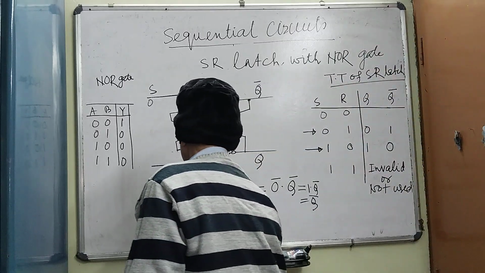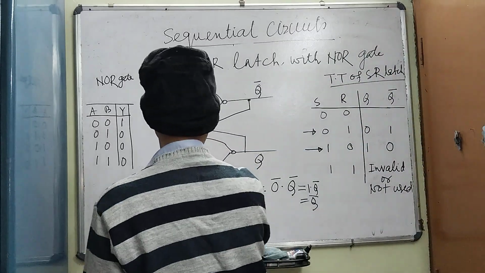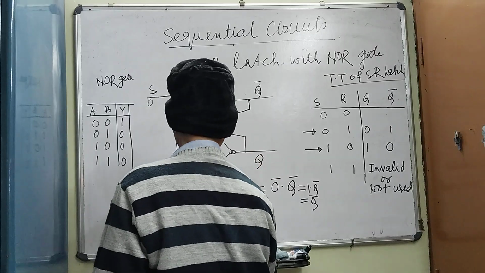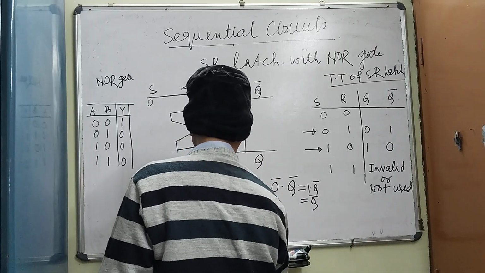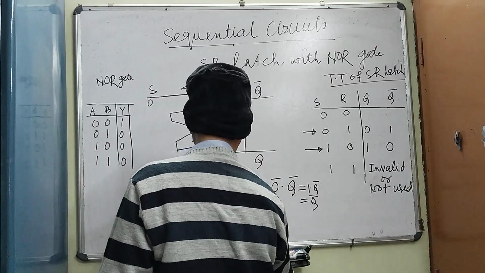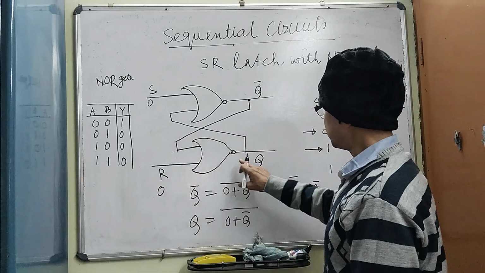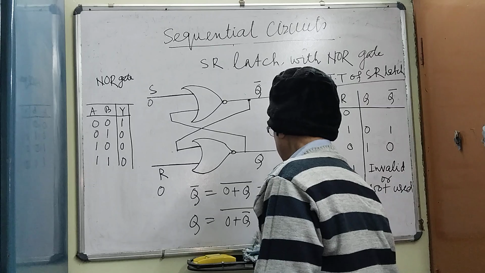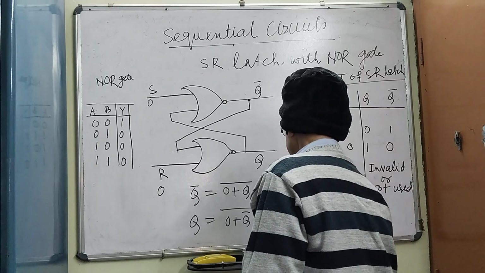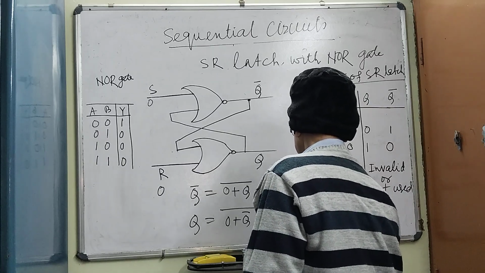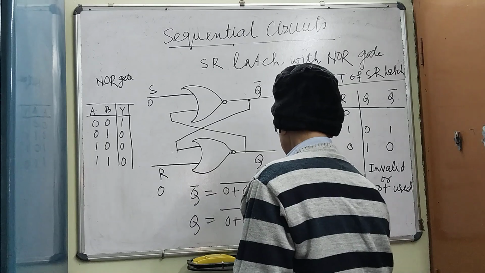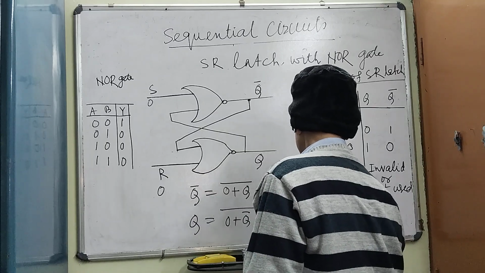And similarly for Q, Q equal to R, where R is 0 and the other is Q bar. As it is a NOR gate, so 0 bar plus Q bar. That is, this is not plus, this is dot, by De Morgan's rule.